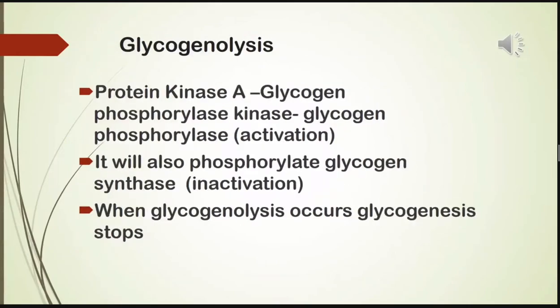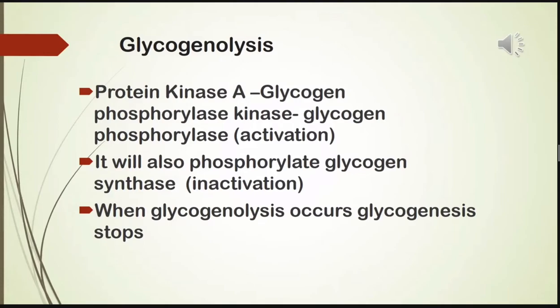For example, protein kinase A will phosphorylate glycogen phosphorylase kinase, which in turn would activate your glycogen phosphorylase. Okay, there's activation. But protein kinase A will also phosphorylate glycogen synthase. This time, however, upon phosphorylation, your glycogen synthase will be inactivated.